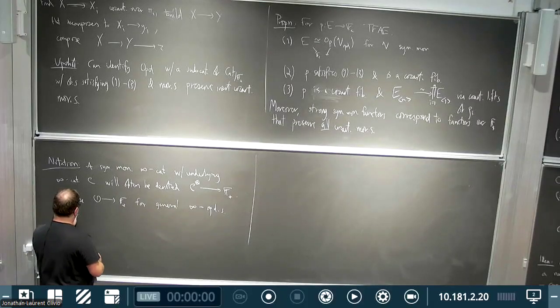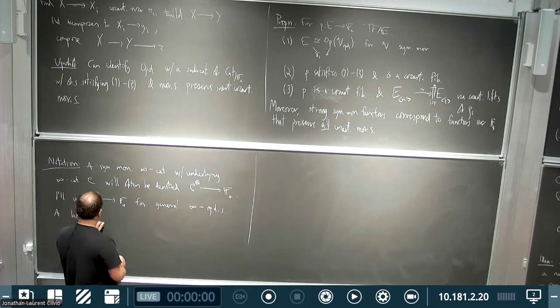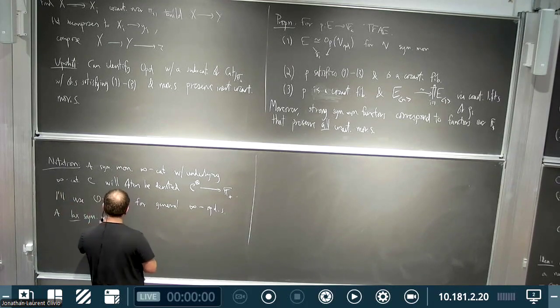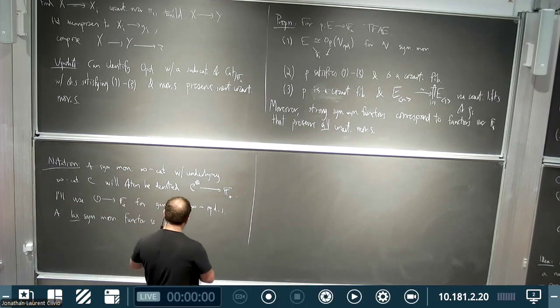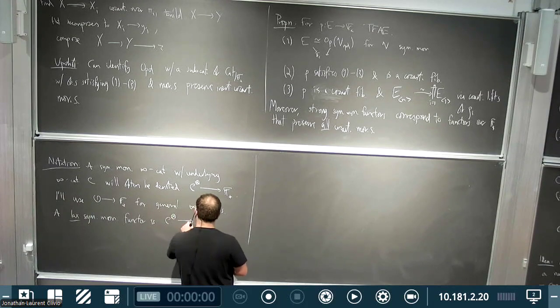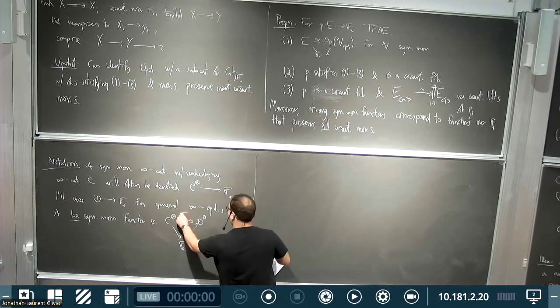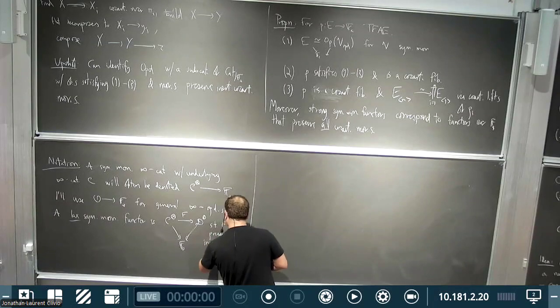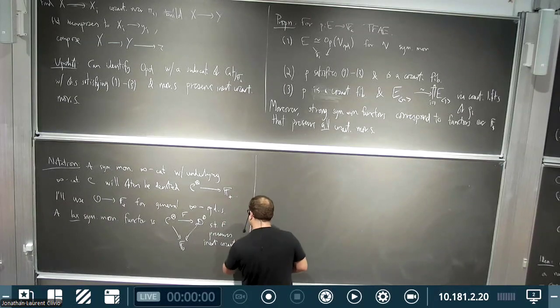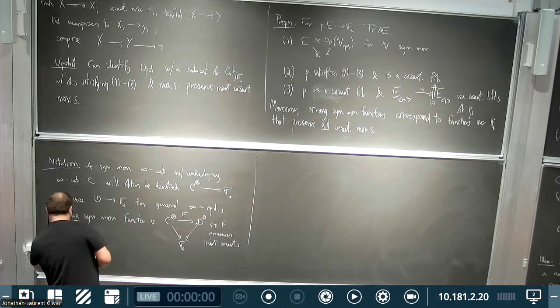A symmetric monoidal functor we can think of as a morphism of infinity operads, or a triangle where F is not necessarily inert-preserving. It's strong if it also preserves the composition.